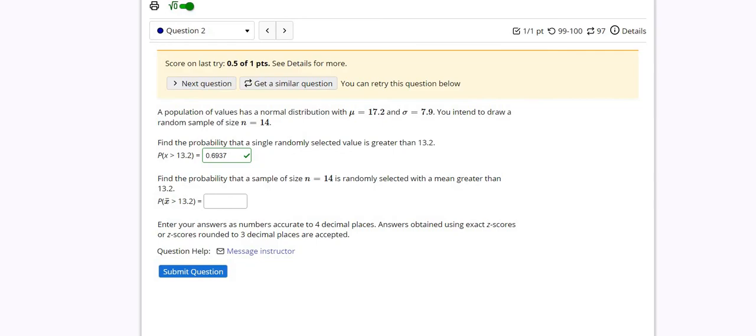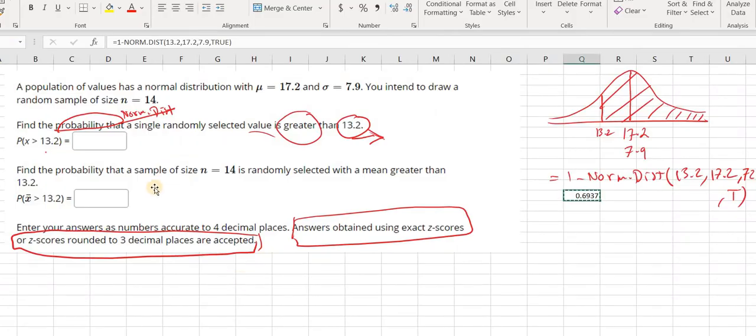The second part of this question, notice the difference in the way the question was asked. Find the probability. So I'm just going to write norm dot distribution. I need to use the normal distribution function. That a sample of size 14 is randomly selected with a mean greater than 13.2.